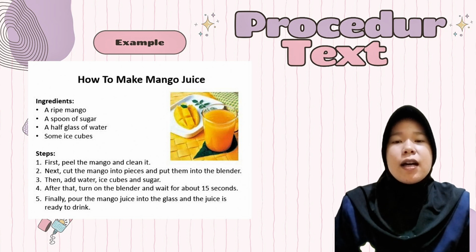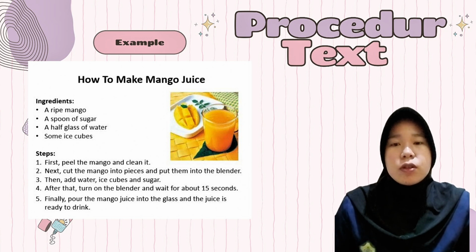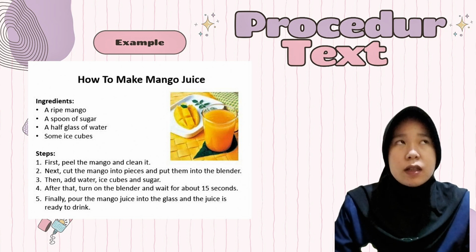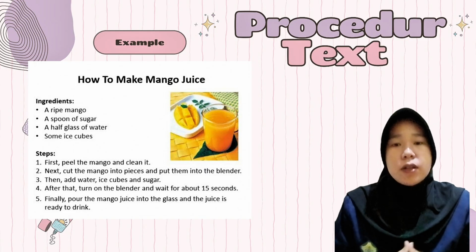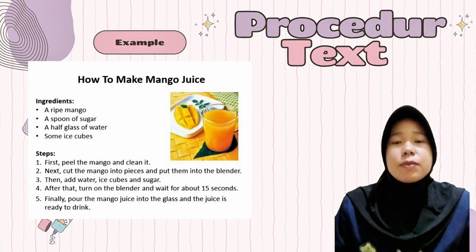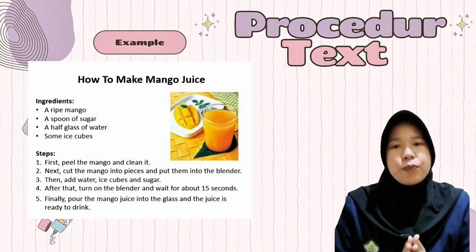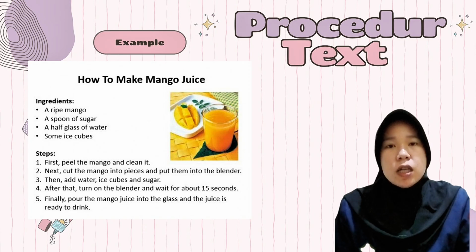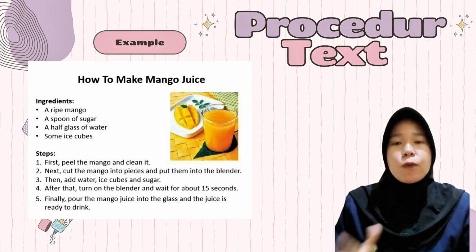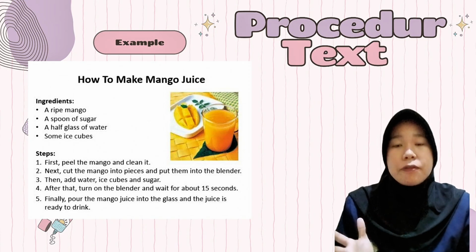Okay. Next, move on to the steps. Step one, first peel the mango and clean it. This means we remove the skin and wash the mango. Step two, step three, step four, and step five.